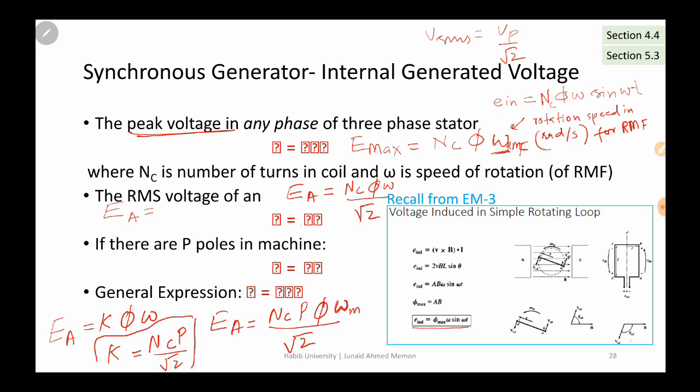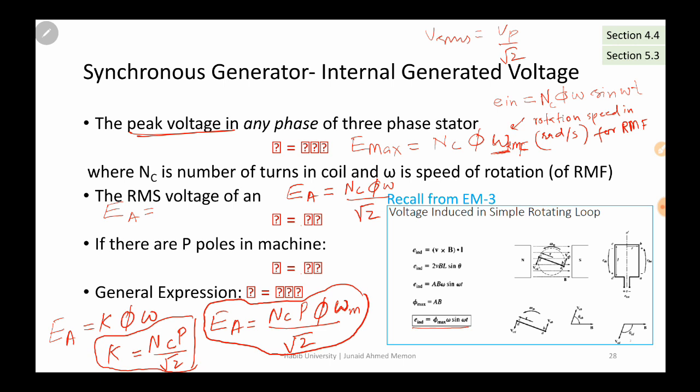As we said, K will always depend upon the construction of the machine. So this is our important equation for obtaining what voltage is induced in the machine, given the mechanical speed, number of poles, flux in the machine, and number of turns in each winding.